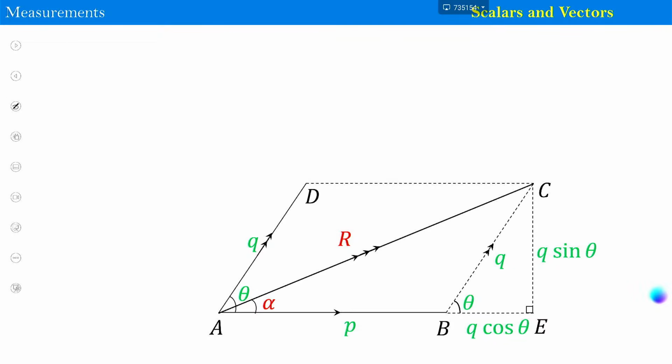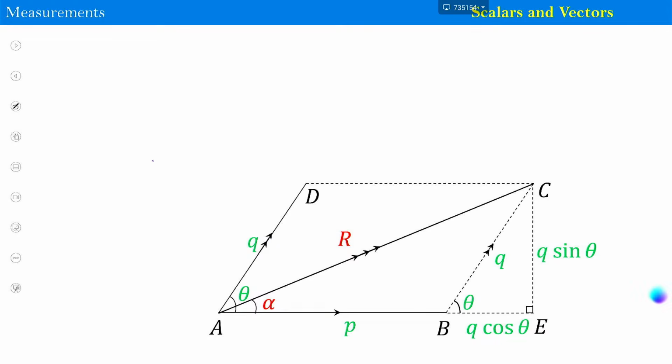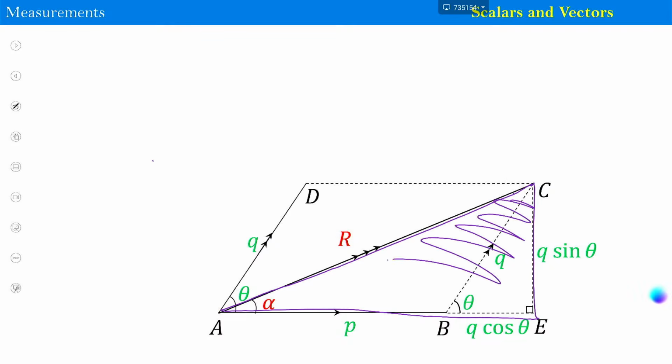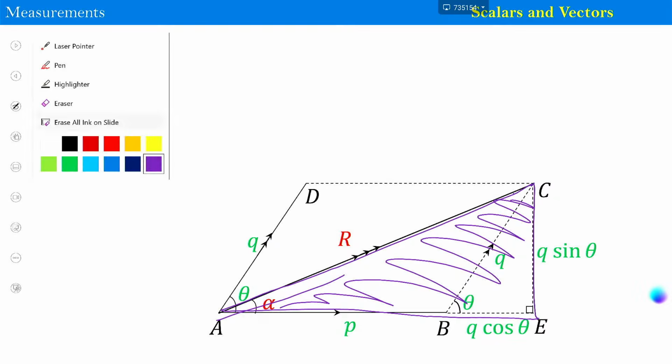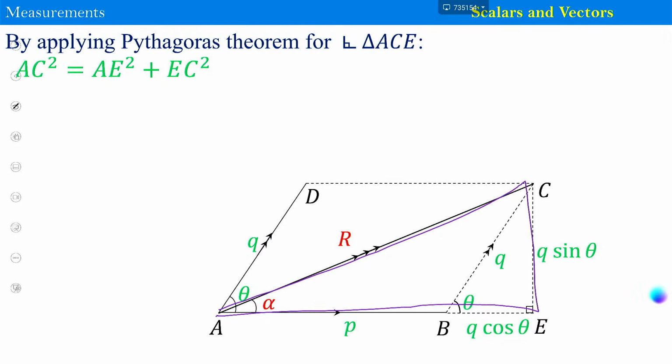So what we do, we take the big triangle now. This is our big triangle, the triangle we are dealing with now. So yes, Pythagoras theorem. The hypotenuse AC squared equals AE squared plus CE squared.